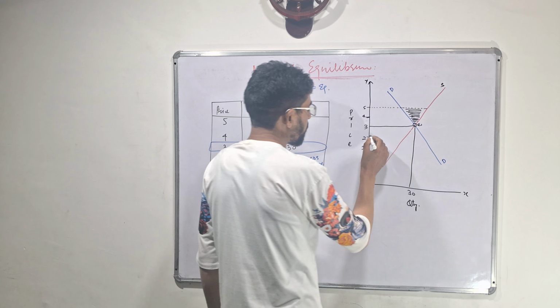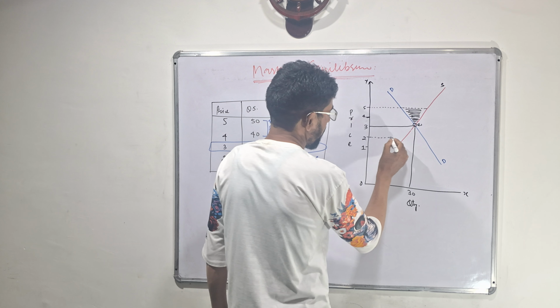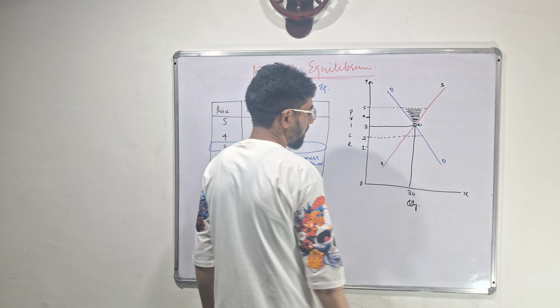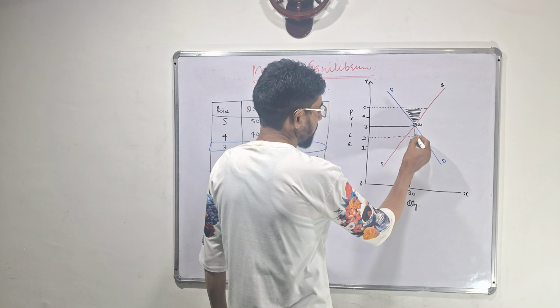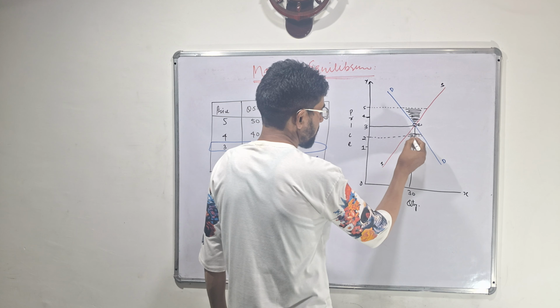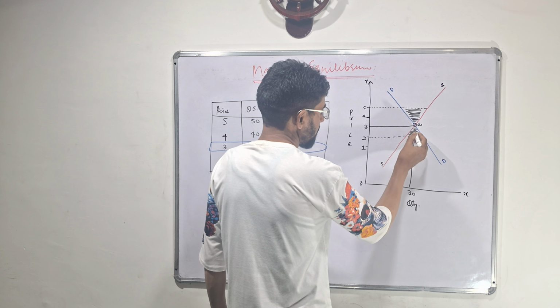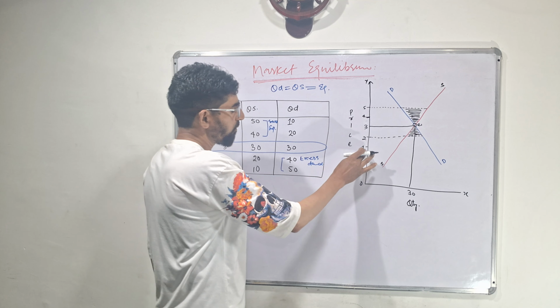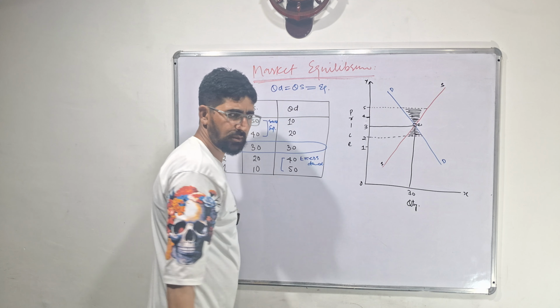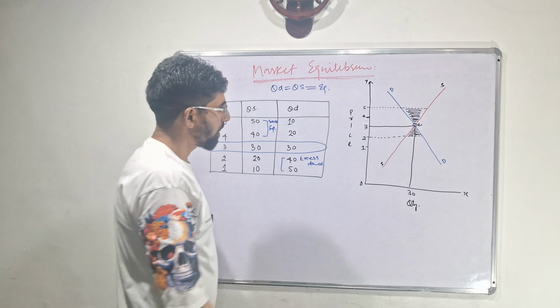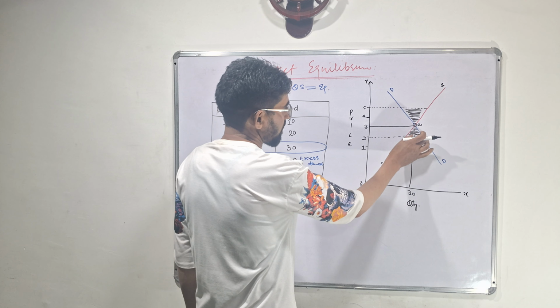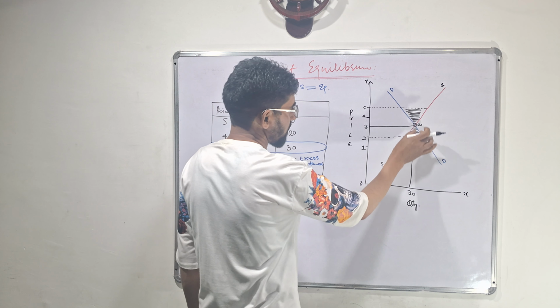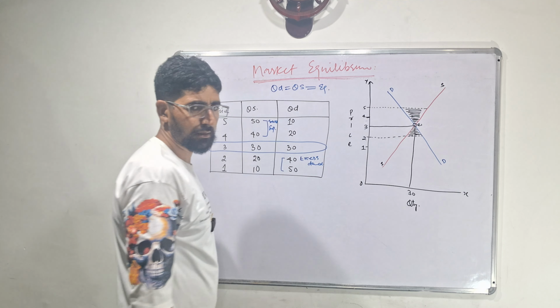If price falls to 2, this will definitely show us excess demand. When price falls, if we take one value, this will definitely show excess demand. This triangle shows excess supply, this shows excess demand.